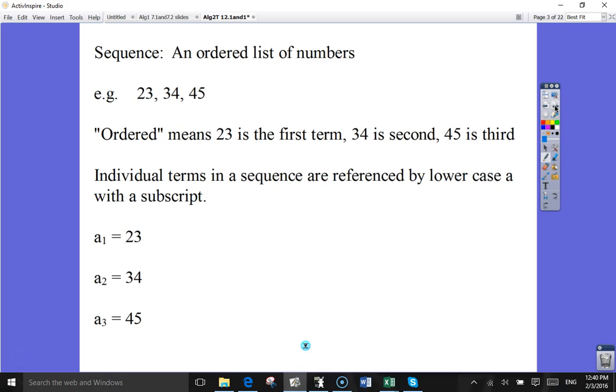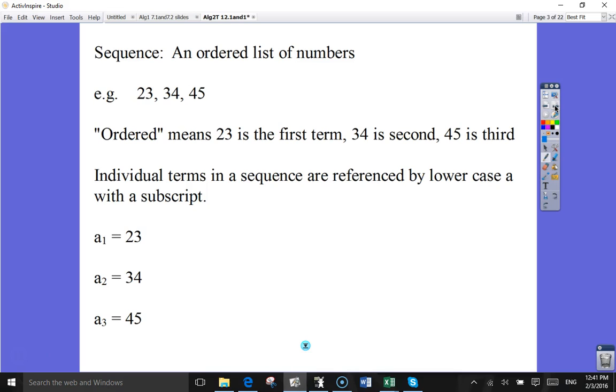Now, individual terms in a sequence are referred to by the lowercase letter a with a subscript. The subscript denotes which number in the sequence it is, the ordinal number of that term. So a sub 1 means first term, a sub 2 means second term, a sub 3 means third term.